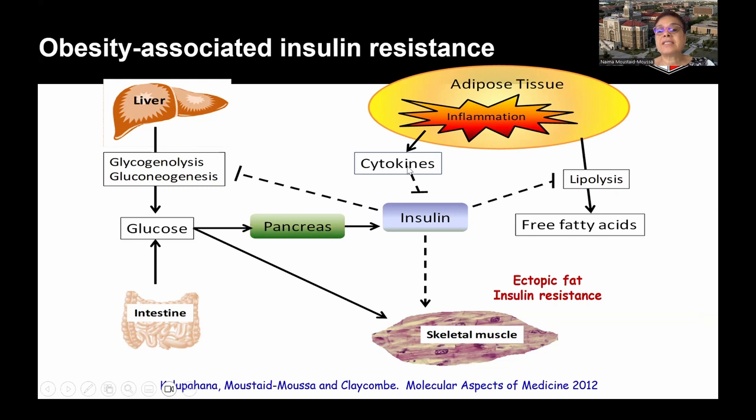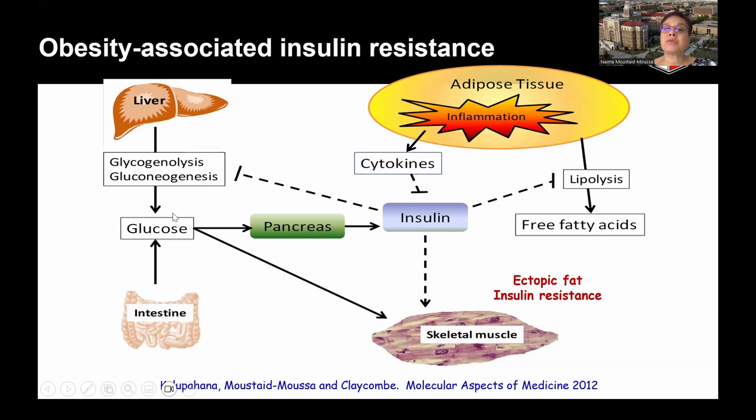So these cytokines, such as interleukin-6 or TNF-alpha, interfere with insulin signaling. Actually, they block the insulin signaling pathways. I won't get into these details, but as a result, insulin is less effective in doing what? It's less effective in blocking the liver glucose production.